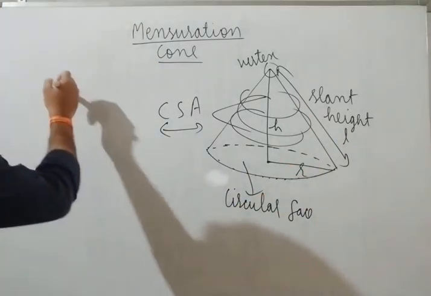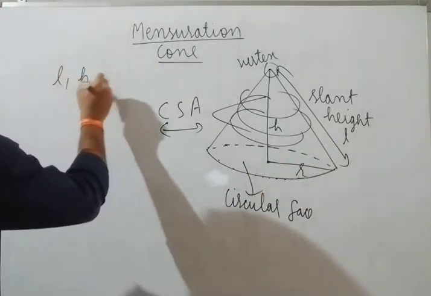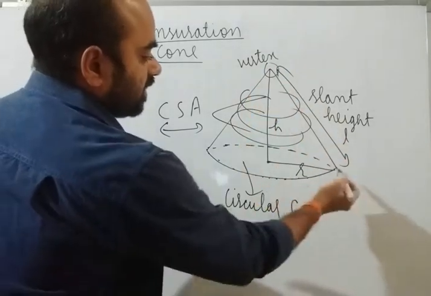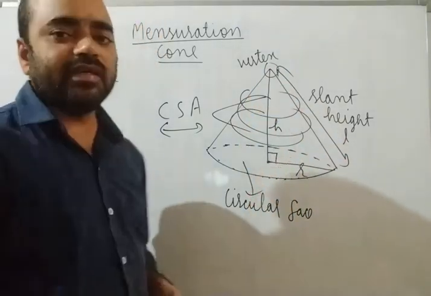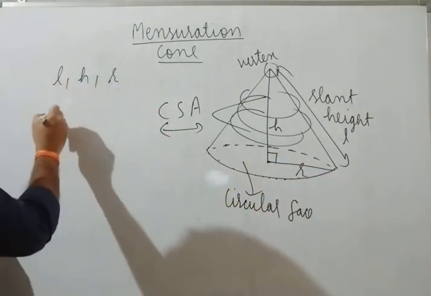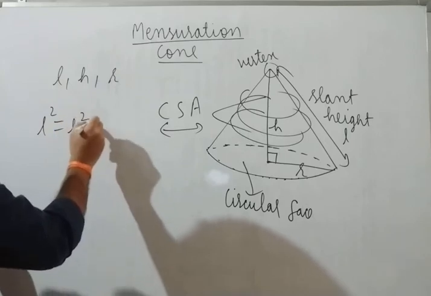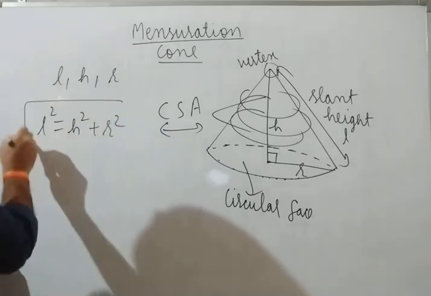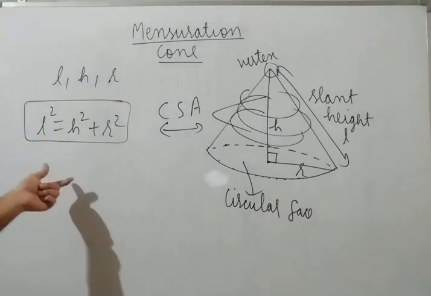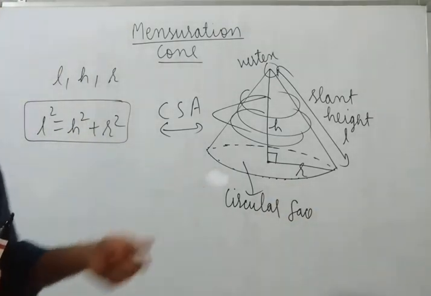It means L is there, h is there, and r is there. Since this is the height and this is the radius, this angle will be 90 degrees, correct? It means the relation between L, h and r is L square is equal to h square plus r square. This is the relation between all the three dimensions.